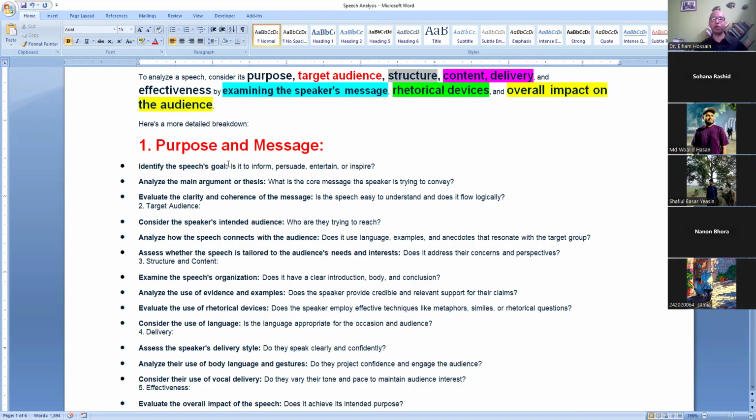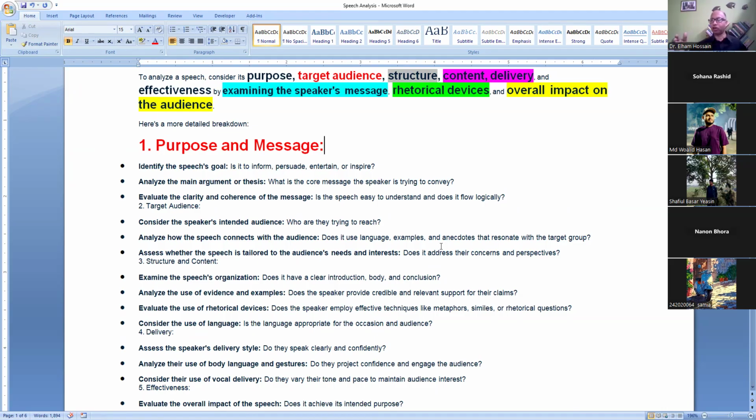Identify the speech's goal. So what should be the target? What should be the objective of your speech? That should be found out initially, okay? Is it to inform or persuade or entertain or inspire?